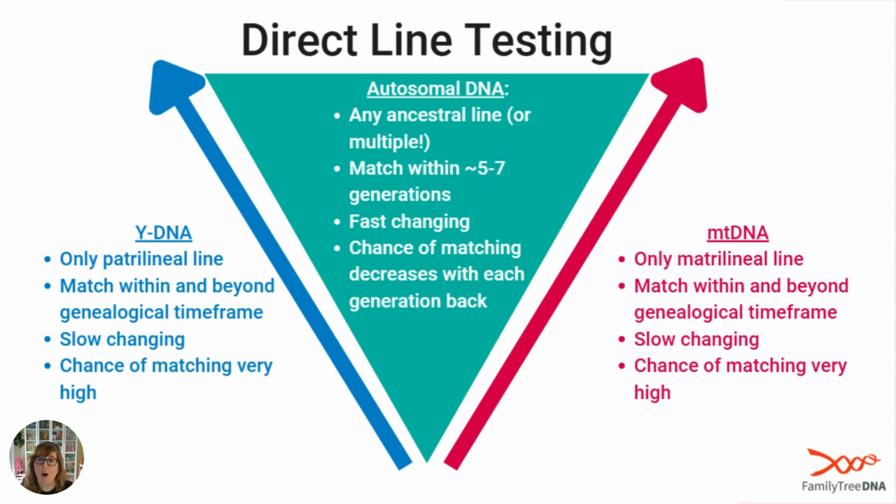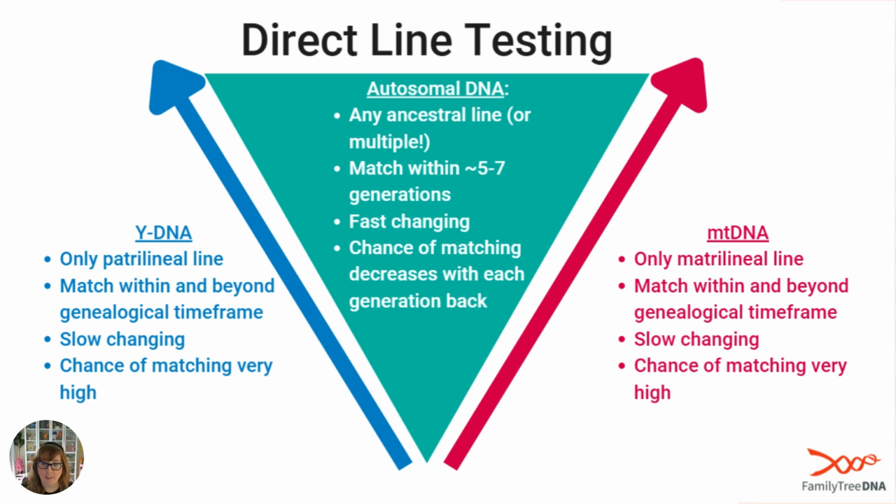Direct line testing can also be a way to double or triple check the ancestral line you assigned your match group to. If you have multiple people in your match group that are direct paternal or direct maternal descendants of the ancestral pair you'll share, so all fathers from them to the ancestor or all mothers from them to the ancestor, then they should also match on Y-DNA for paternal or mtDNA for maternal. Y-DNA and mtDNA differ from autosomal DNA in how they're passed down.